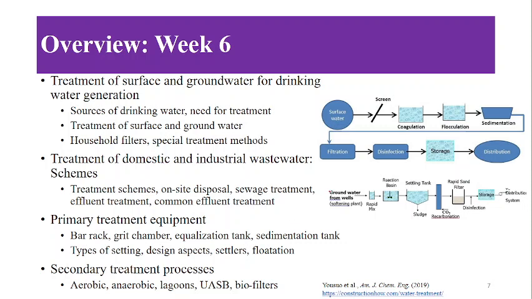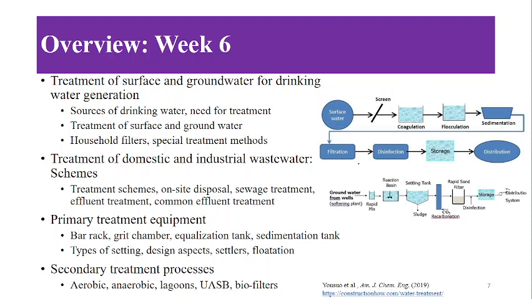So this is the schematic for the treatment of the surface water. Firstly, surface water goes through a screen which removes the relatively bigger particles that can get entrapped in the screens, followed by the coagulation, so that the particles get accumulated together, and the flocculation, such that they are suspended in the water, and sedimentation for the settling of these particles.